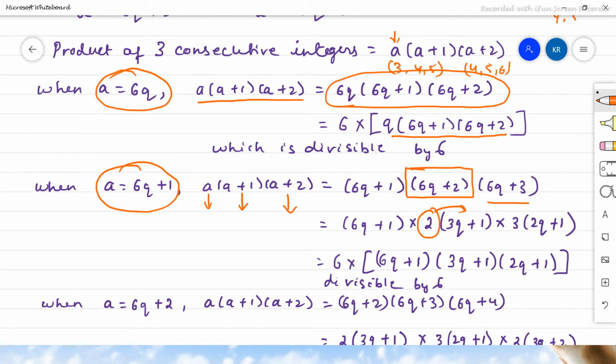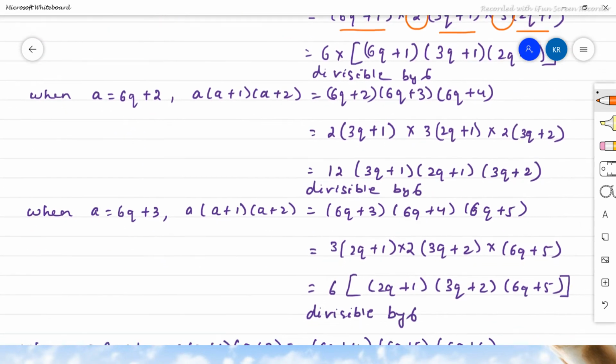From 6q plus 3, we can take 3 out common. The number parts we have taken out are 2 and 3, so we get 6 into 6q plus 1, 3q plus 1 and 2q plus 1. Again we get 6 into something, since 2 into 3 is 6. So it is a multiple of 6, and the whole number will be divisible by 6.